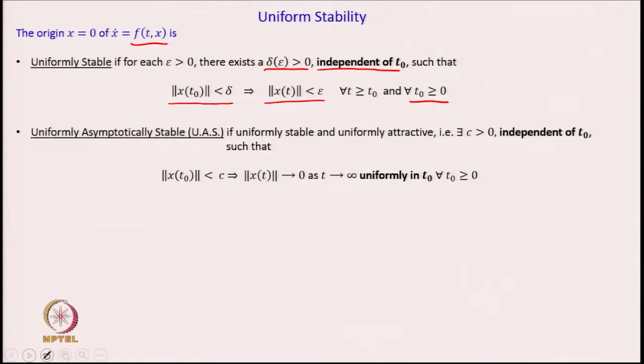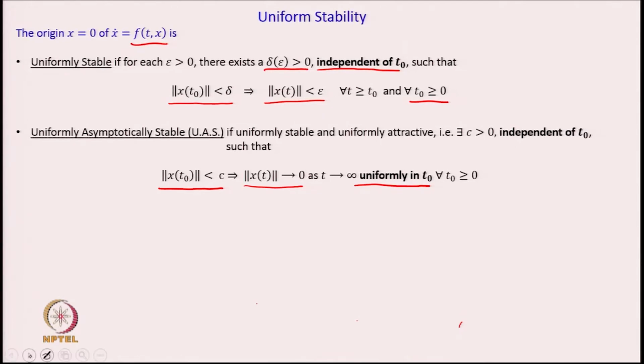It just means that there exists a positive constant c which is independent of t naught, such that if the initial conditions start within a ball of radius c, then the state trajectories eventually converge to the equilibrium point as t tends to infinity, uniformly in t naught. That is, the convergence is also uniform with respect to the initial time t naught.